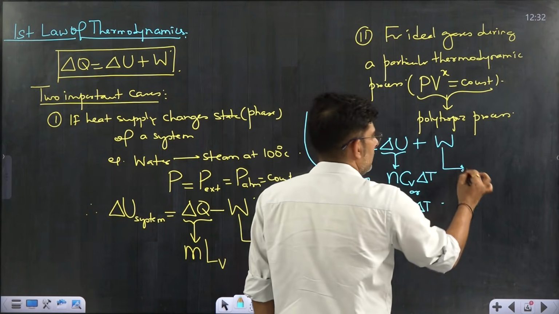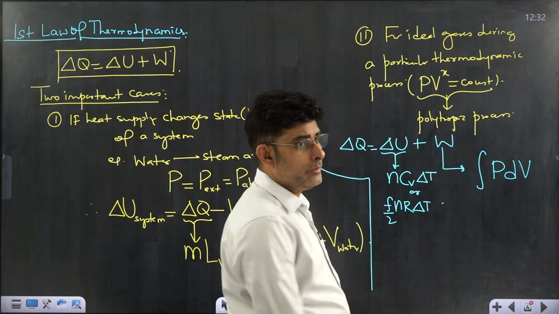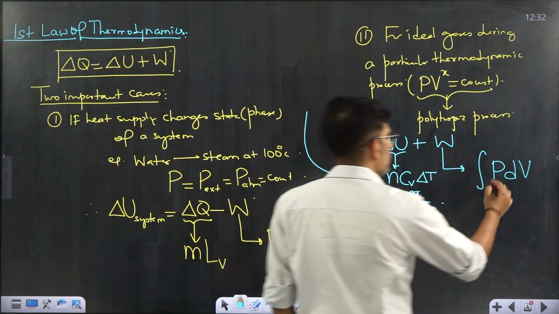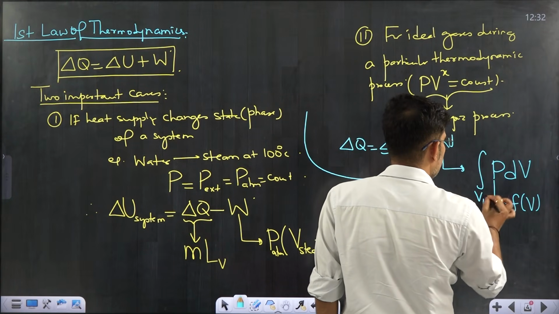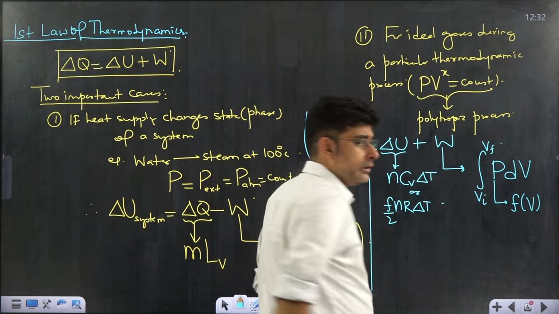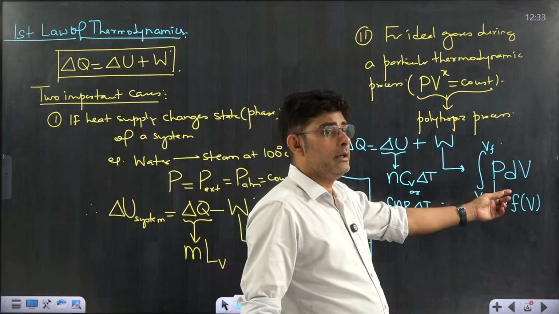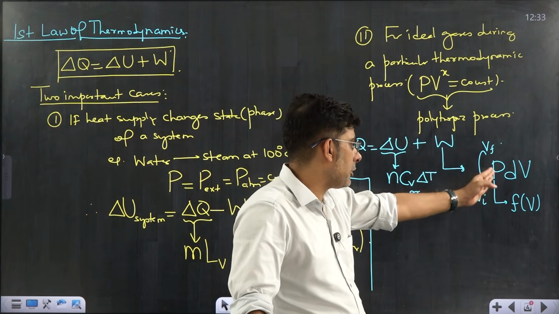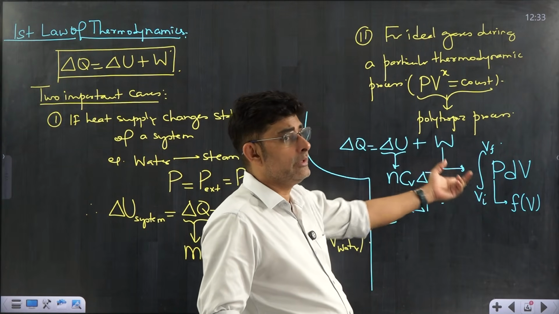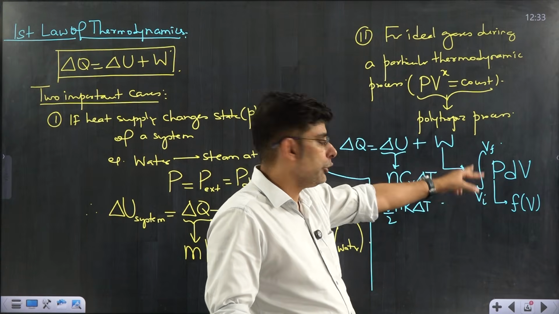Work done for gases in such case, the process will be mentioned to you, P as a function of volume will be known, and from here you will integrate from Vi to Vf. If it is an isobaric process, pressure is constant, it will come outside, then you will get PΔV.